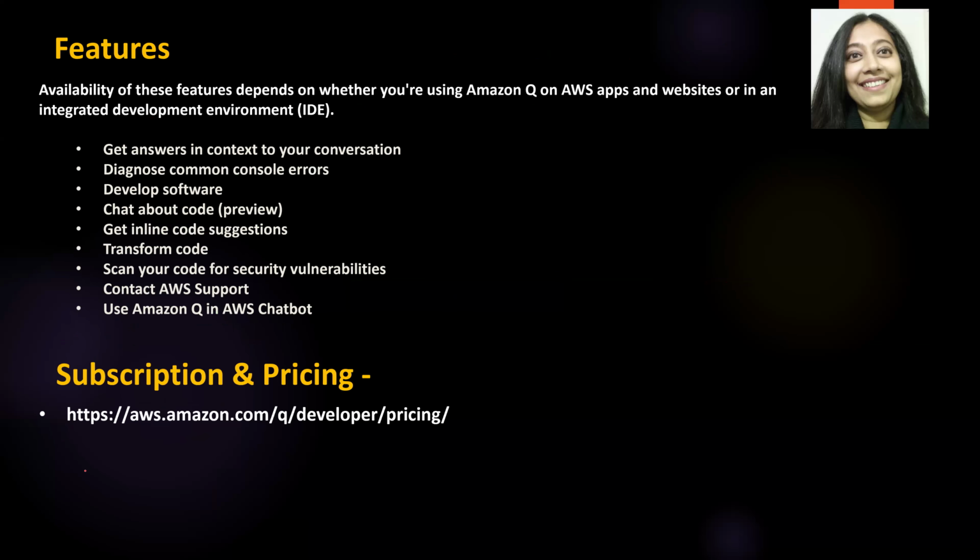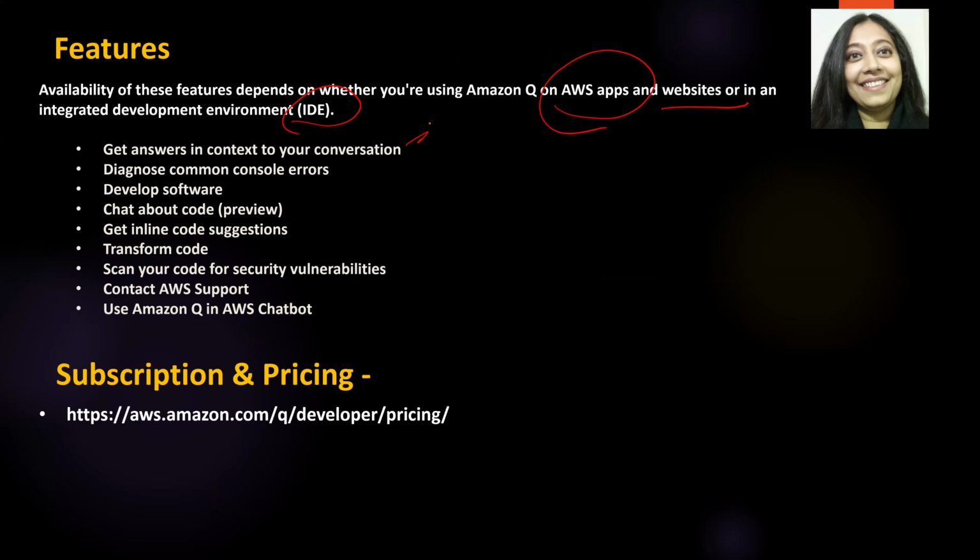Now, these are some of the features of Amazon Q Developer, and availability of these features depend on whether you're using Amazon Q with AWS apps, websites, or within an IDE, or from AWS Management Console. So let's look at some of these features. Of course, you can get answers in context to your conversation.